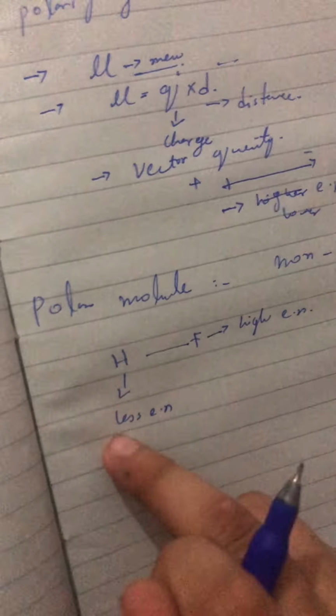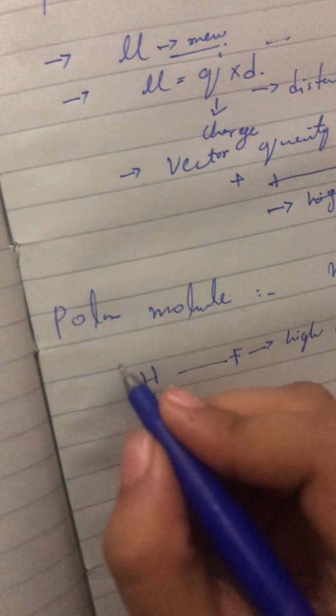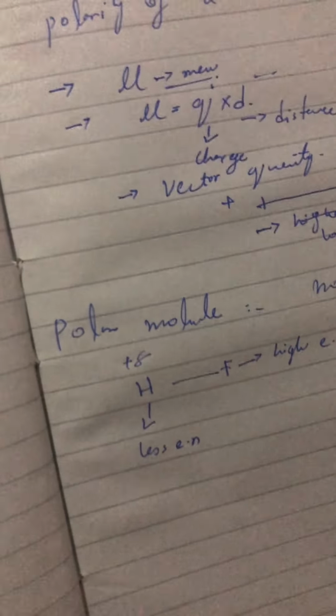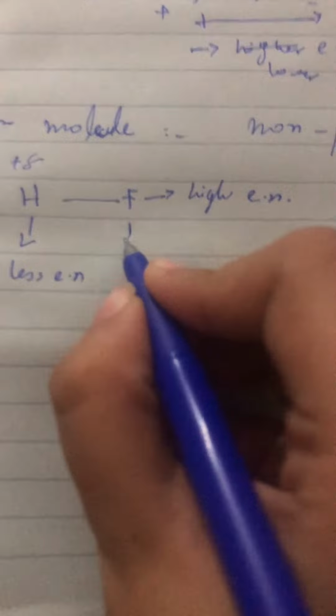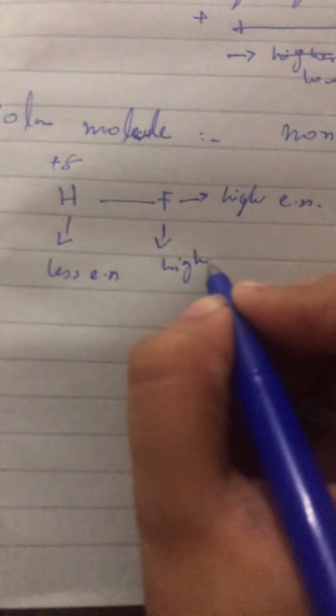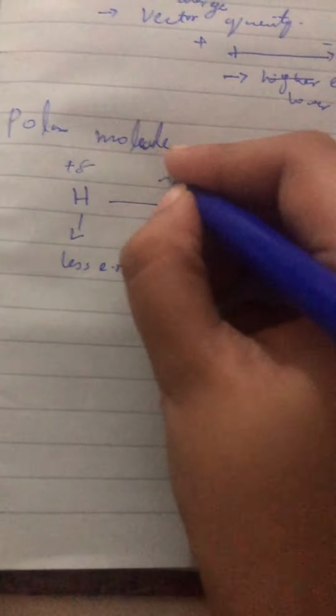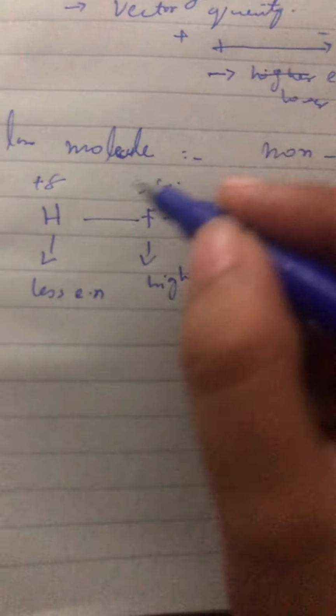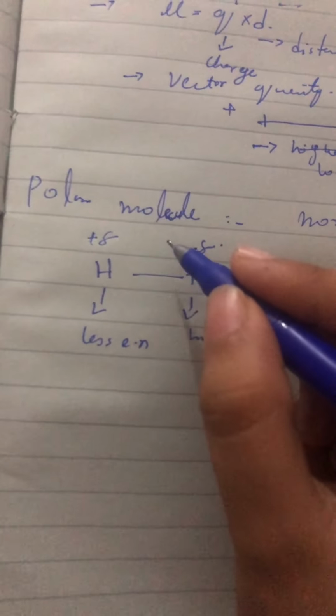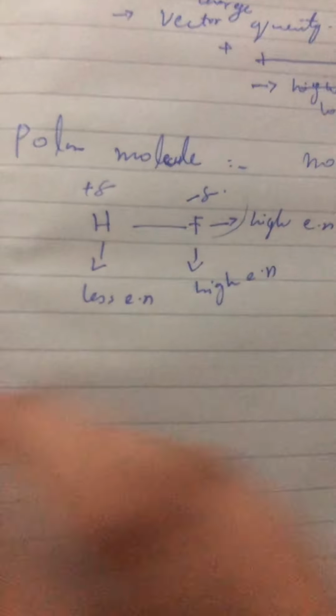So that which is less electronegative will always have a partial positive charge, and that which has high electronegativity will always have a partial negative charge, because the electron will be more towards the fluorine, so that will have a negative partial charge.